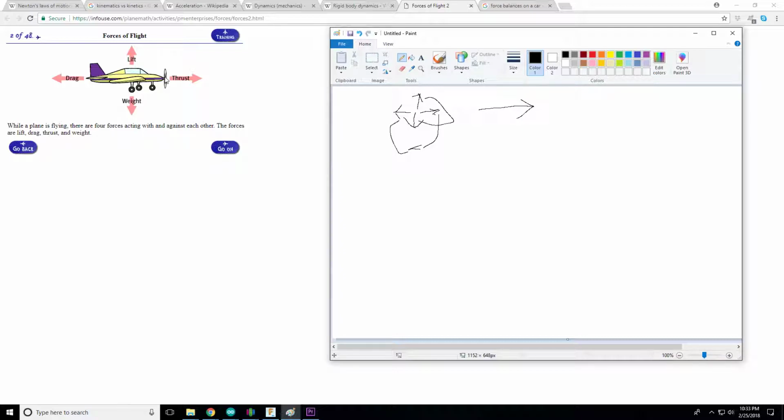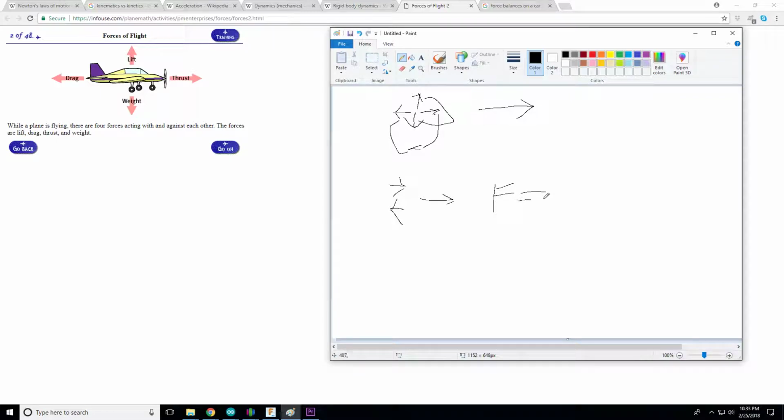However, you can also have 10 pounds of drag and 10 pounds of force, thrust. And what that means is if the thrust and the drag are the same exact size, it means that you're continuing forward or whichever direction you were going originally, but your velocity does not change.